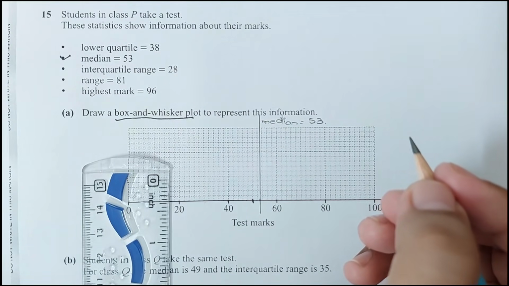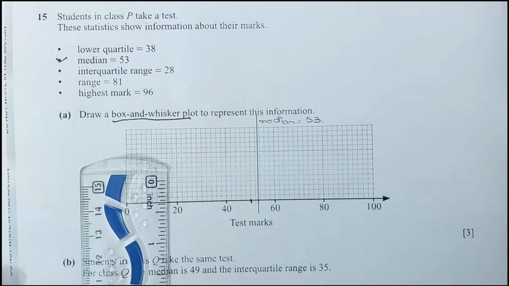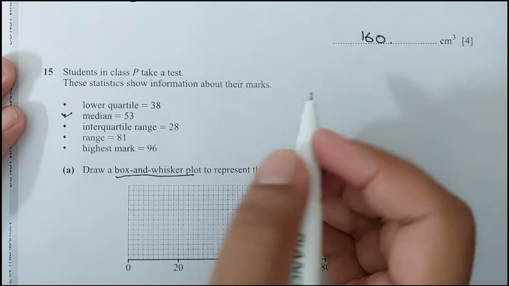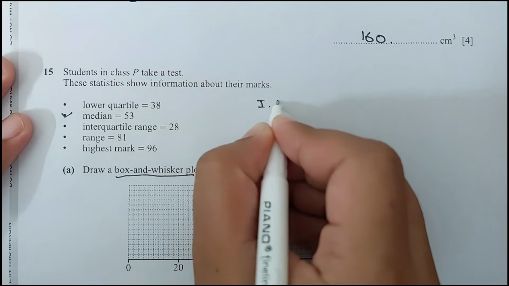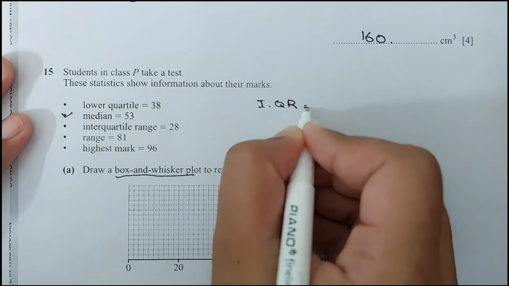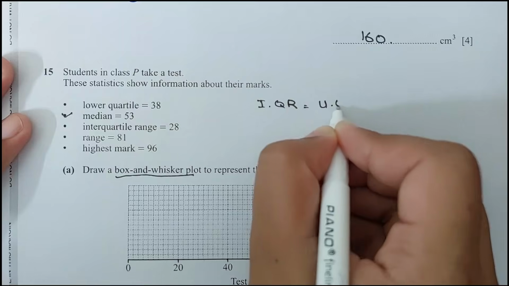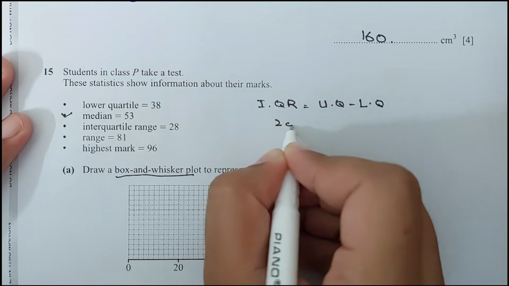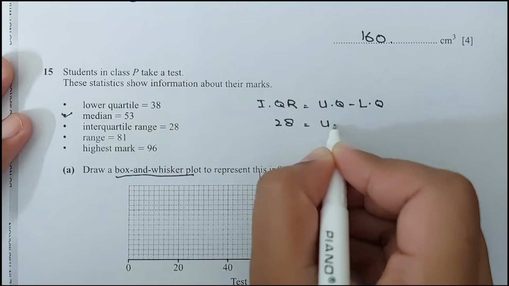Then we need the quartiles. The interquartile range is given, which is the difference between the upper and the lower quartile. So the interquartile range is the upper quartile subtract the lower quartile. Since the interquartile range is 28 and the lower quartile is 38, we don't know the upper quartile.